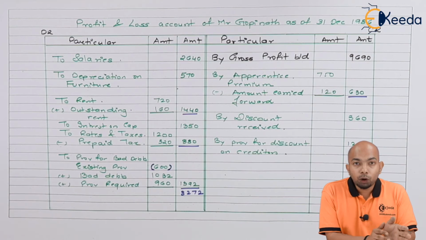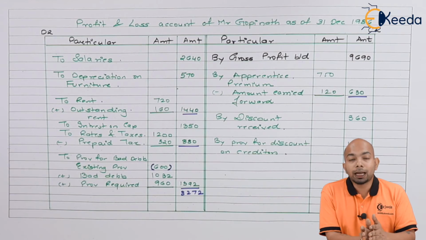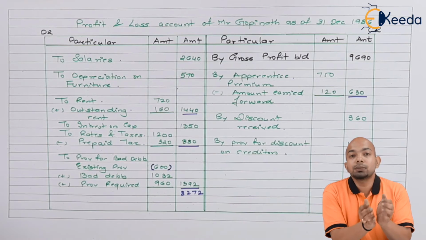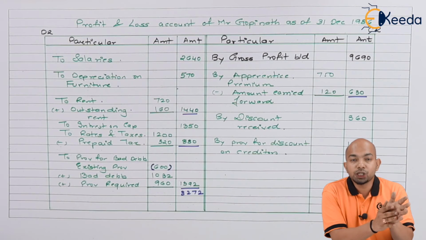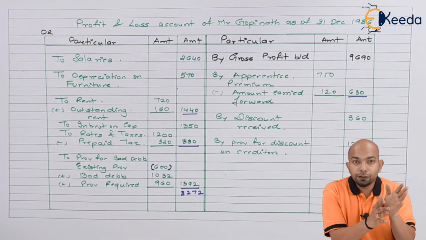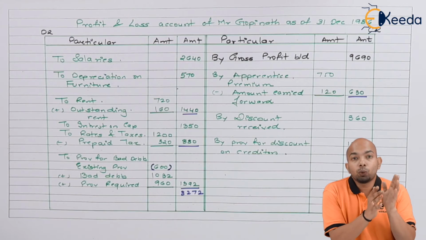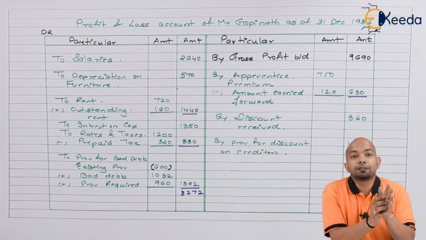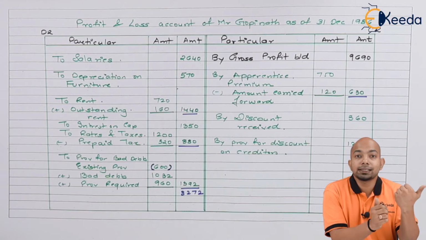Hence, the net profit will then be moved to the capital balance, that will be added to the capital balance rather. In this specimen of profit and loss account preparation, we have figured out that there is a net profit here. We'll calculate the net profit amount, that is the difference between the credit side minus the debit side.